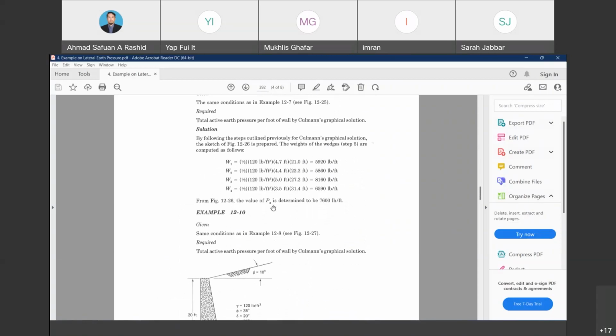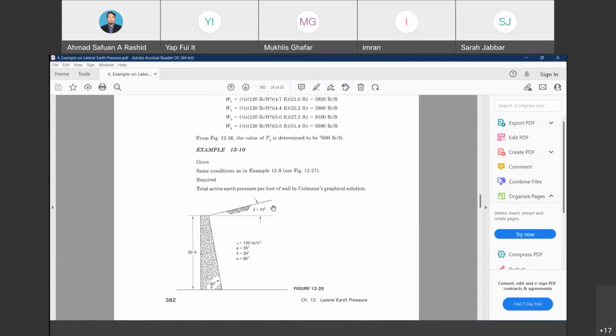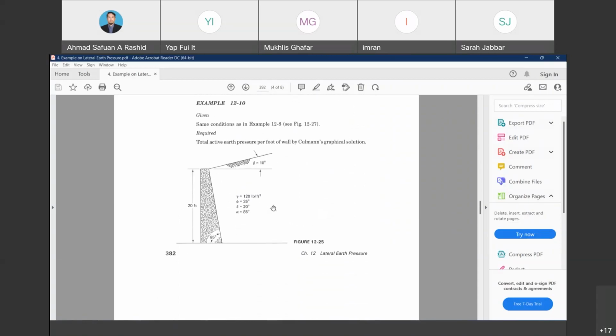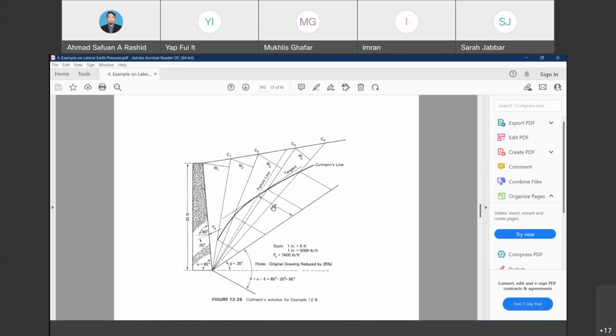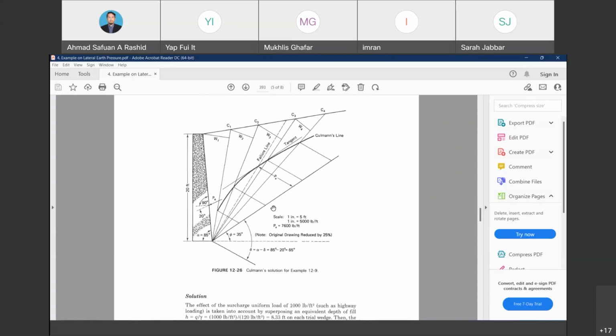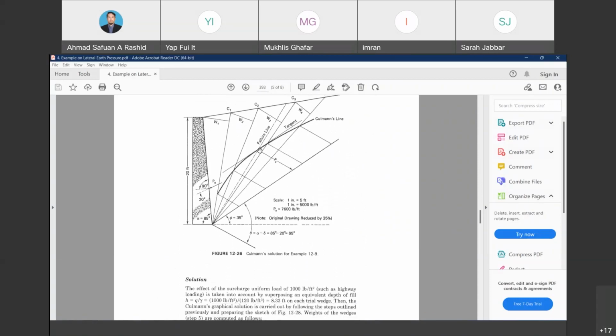Okay, so this is an example based on the Coulomb. I have added it to your e-learning. So the value of the PE is the length of this line times the scale value. However, the Coulomb approach doesn't include the theta.